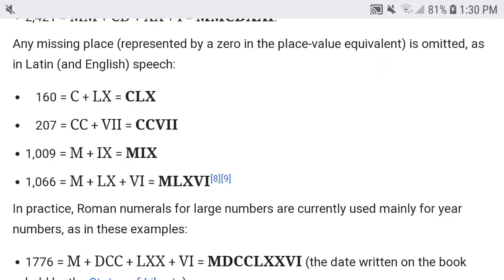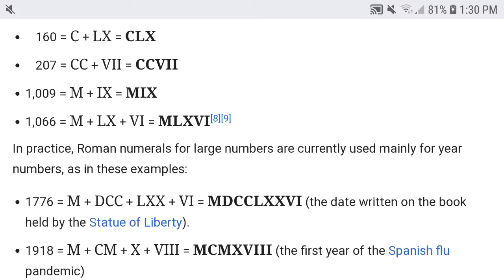Okay, so it's basically saying that there's no letter for zero. In practice, Roman numerals for large numbers are currently used mainly for year numbers, as in this example.